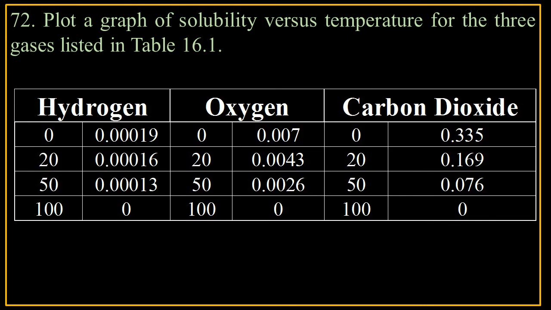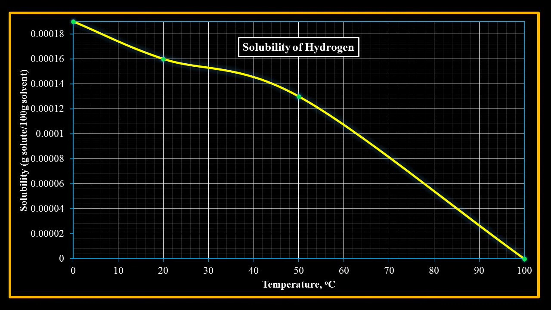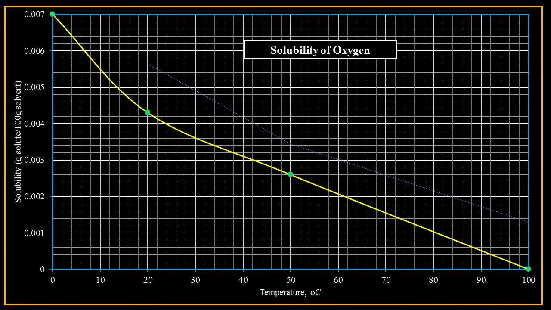So we have the solubility at 0, 20, 50, and 100 degrees Celsius for each of the gases, hydrogen, oxygen, and carbon dioxide, along with the solubility at each of those gases. So just to note that the gases are listed as grams of solvent per 100 grams of solvent.